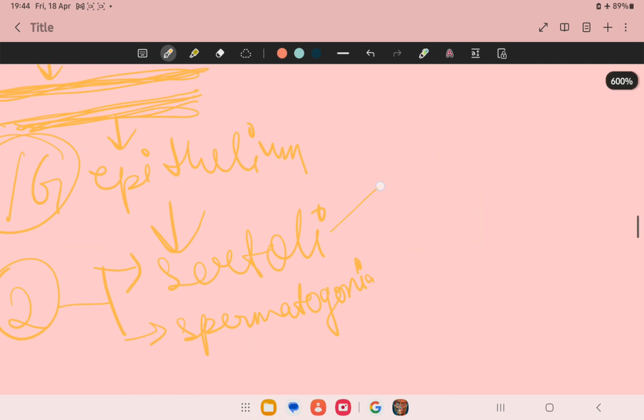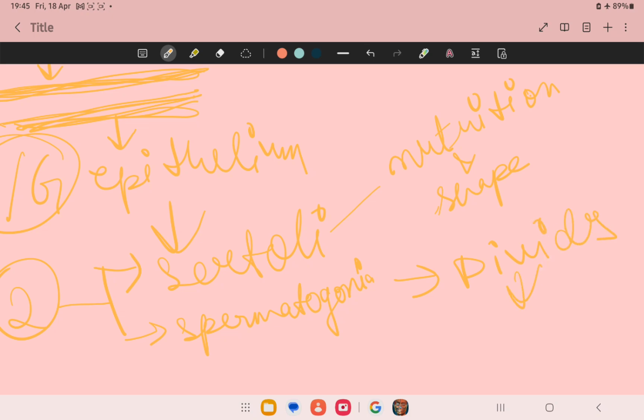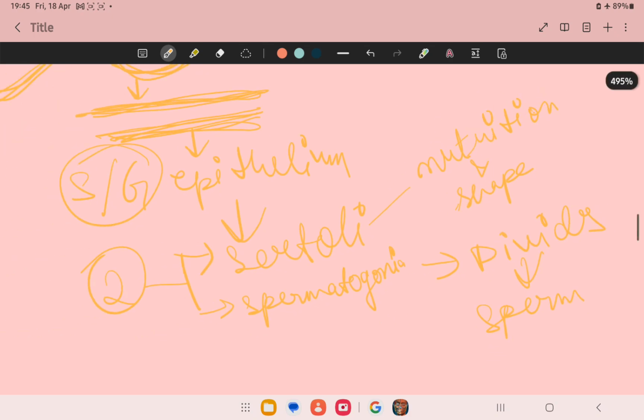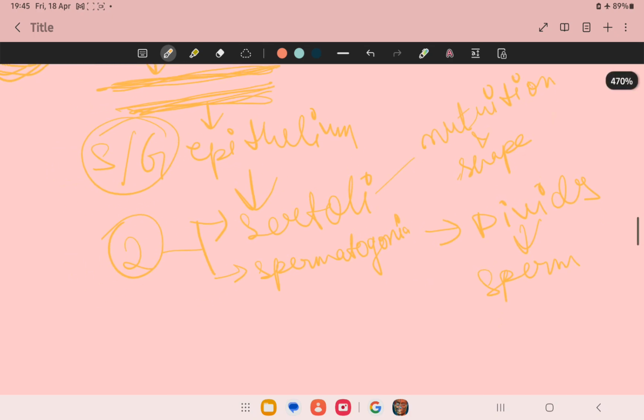The function of this Sertoli cell is to provide nutrition and shape. Now, spermatogonia. This divides further to form spermatozoa. Spermatozoa basically means the sperm. I'll show you the structure.